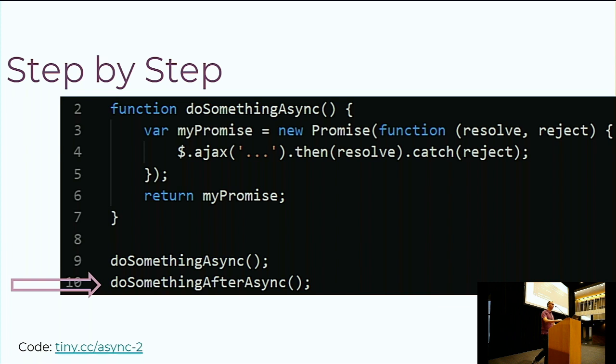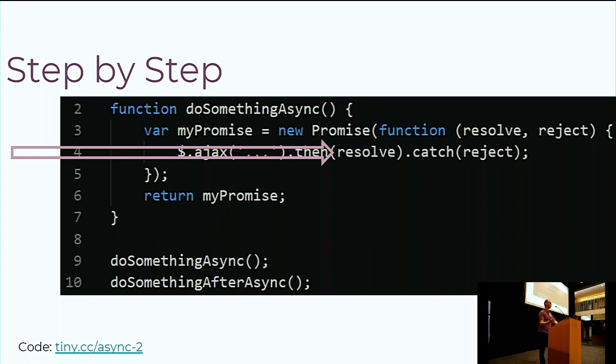So here, there's a bug. We put that in the category of asynchronous issues or nondeterministic issues, because actually, we will only be ready to do something after async when the resolve function is called. And that will only be done when the RPC from the $.ajax is completed.